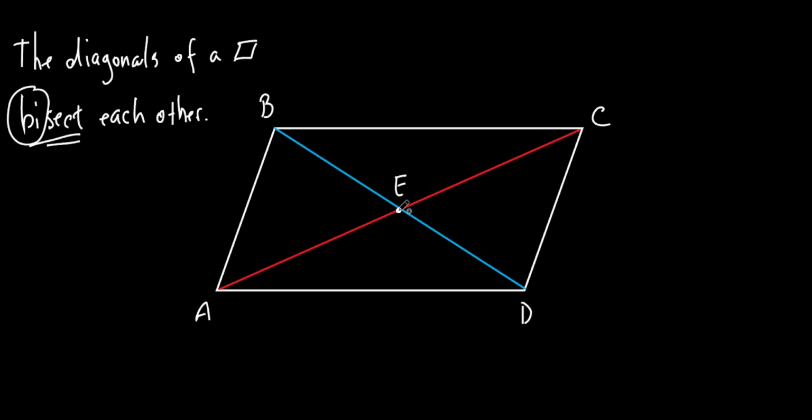It intersects at 1 point, but what does it do to that line? It splits it into two, not just into two, but two equal parts. So look at the red one. That blue one is splitting the red one into two equal line segments. Do you see that? Bisect means they are equal.